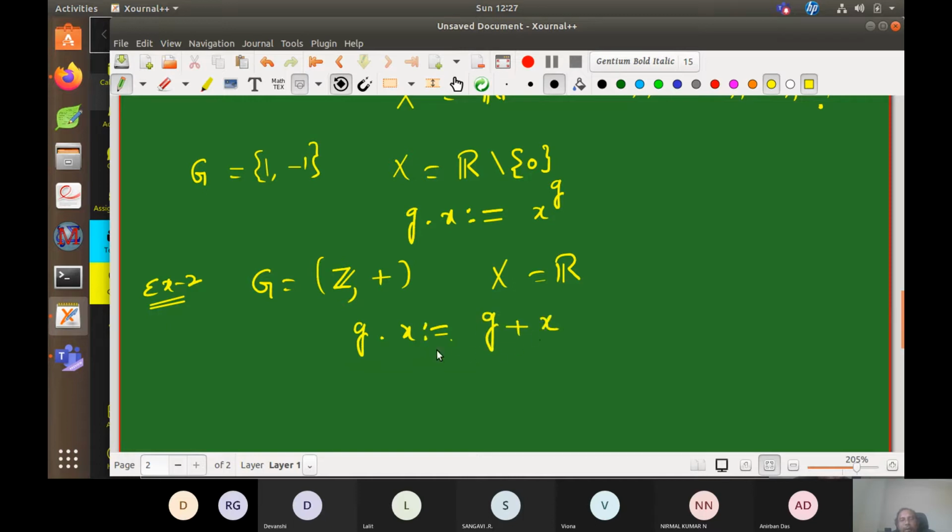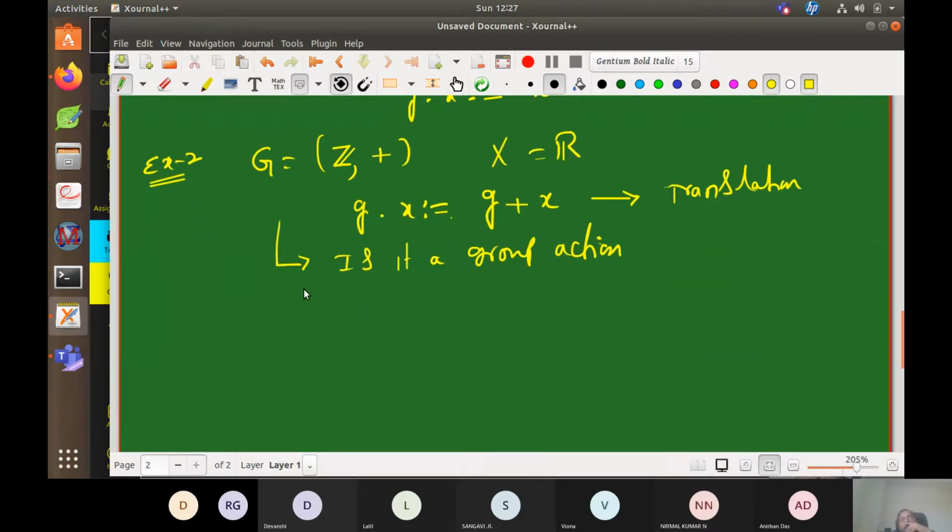Okay, so what is this actually? This is a translation, right? So the entire real number line I am shifting by g units. So is it a group action? Yes.